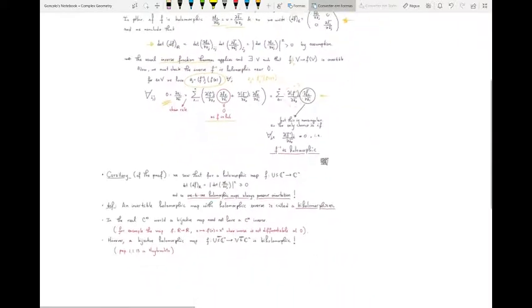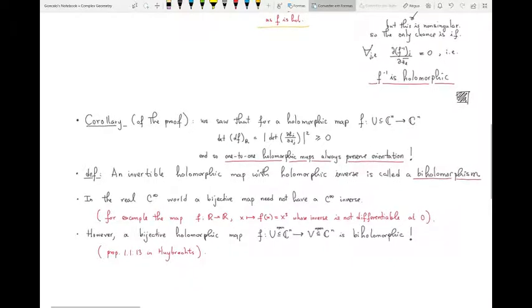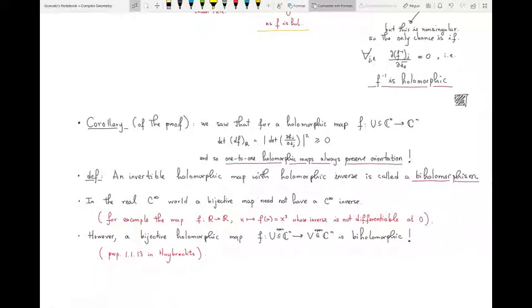Okay, so now let's see some consequences of this computation before we go to the implicit function theorem. So the first consequence of the computation was an intermediate computation we did, that the determinant of the Jacobian is the norm square of the determinant of these dfi/dzj.